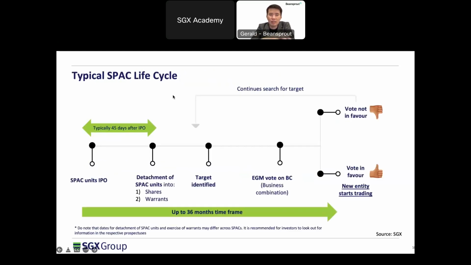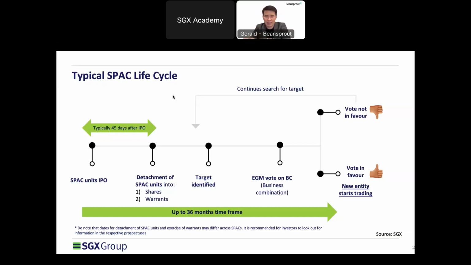Okay, so having gone through a quick recap of what SPACs are, what I wanted to go through is the SPAC life cycle. If you're familiar with investing in Singapore stocks or Singapore REITs, this is just something that you need to be aware of when investing in SPACs, because it comes with a specific time frame, and this is something that we should all be mindful of.